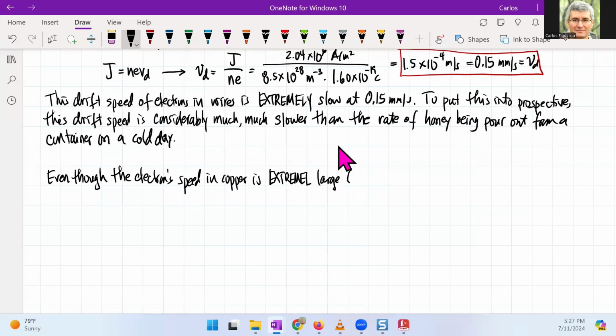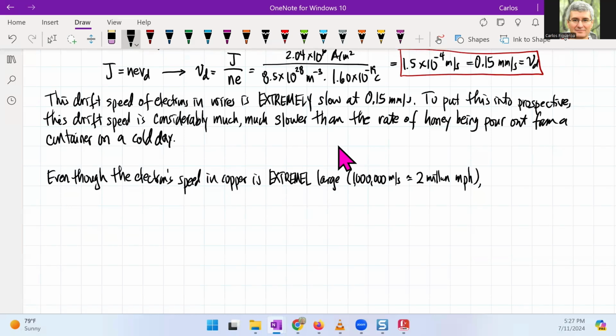Well, it's at a million meters per second, which is about 2 million miles per hour. I think it's like 600 miles per second.